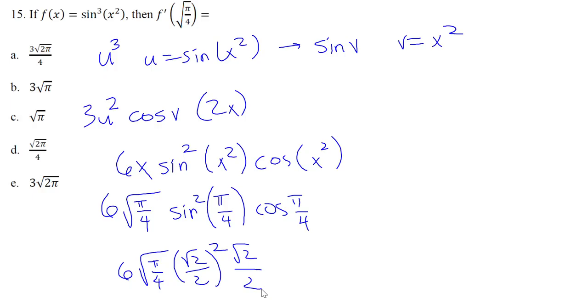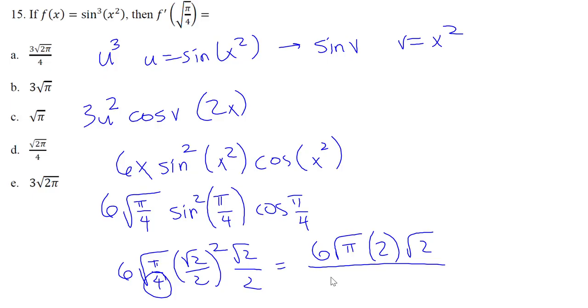And so as we simplify this down, the 6 is going to stay up there for now. We're going to have a 6, but we're still going to have a root pi, and then root 2 squared is just 2, so we're going to have a 2 from that, and then a root 2. And then in the denominator, the root 4 here is going to be a 2 in our denominator.